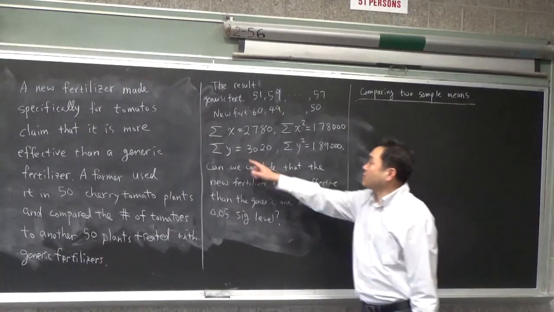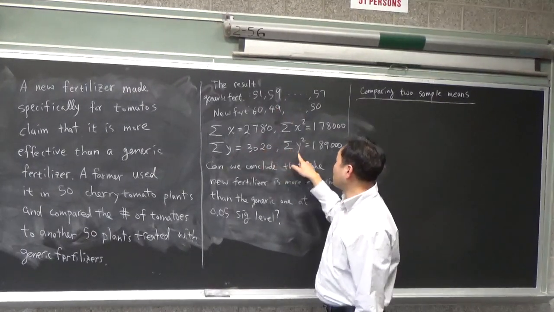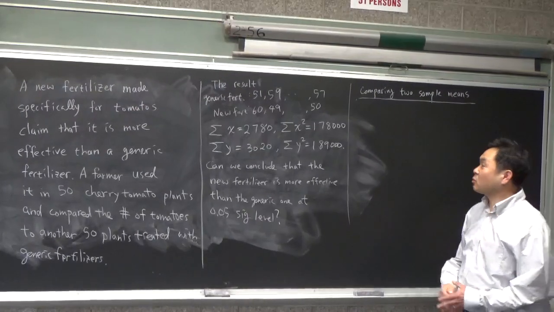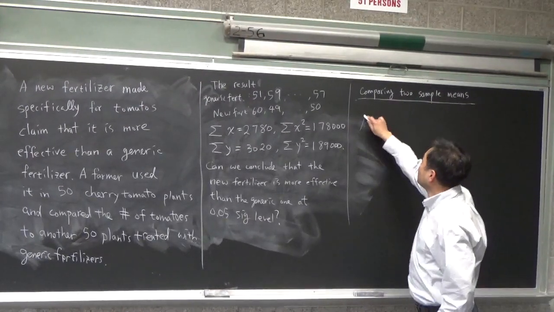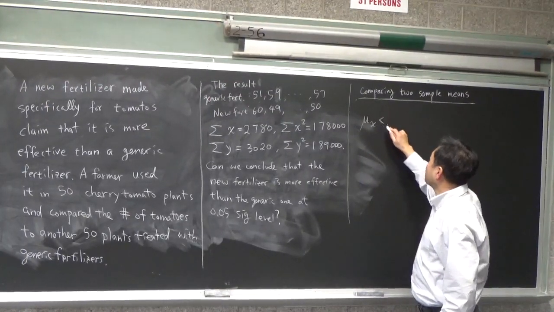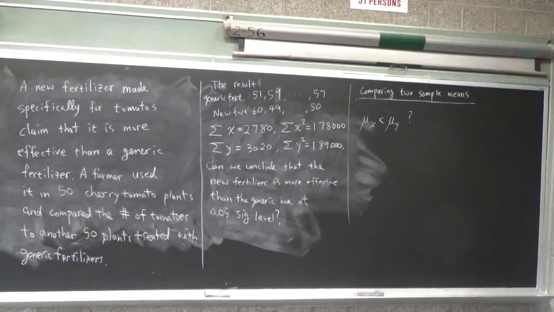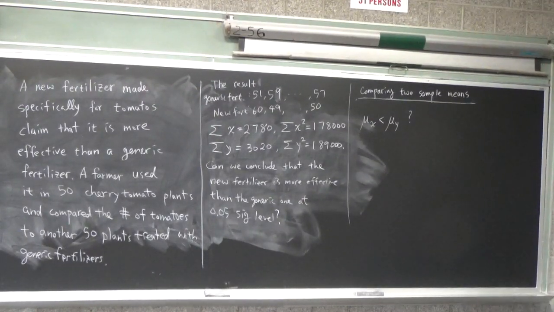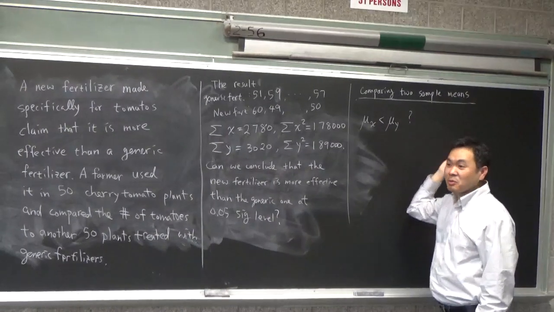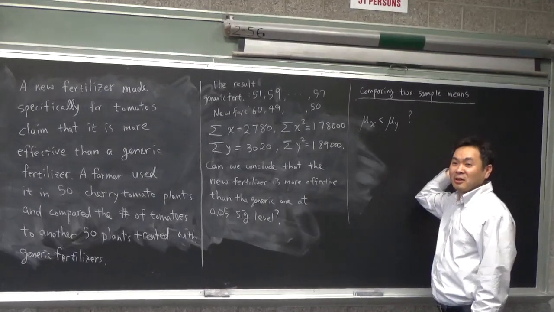And here, x is the variable for the generic ones, and y is the variable for the fertilizer ones. And the question here is, is the mean value of x really less than the mean value of y? That's the question that we want to know, right? We don't know the true mean because it's impossible to grow all the possible tomatoes that mankind can ever eat.